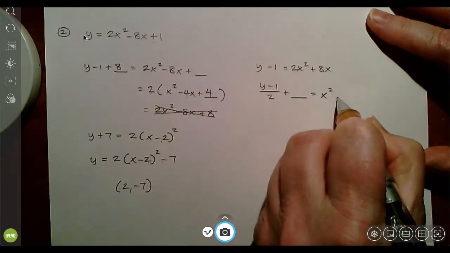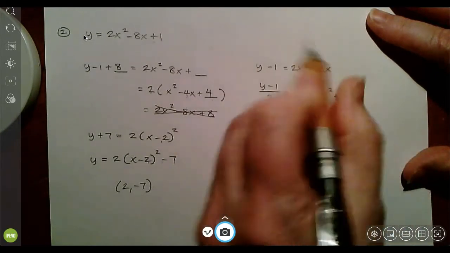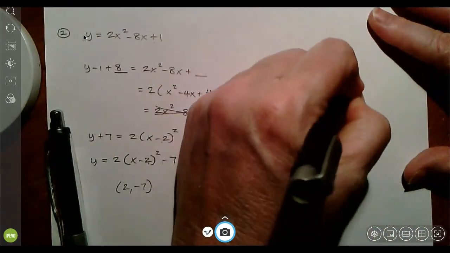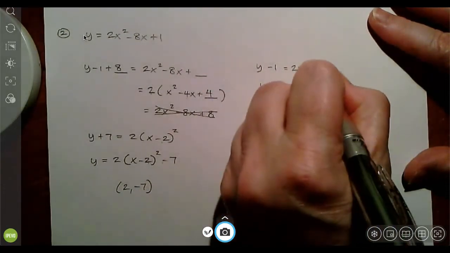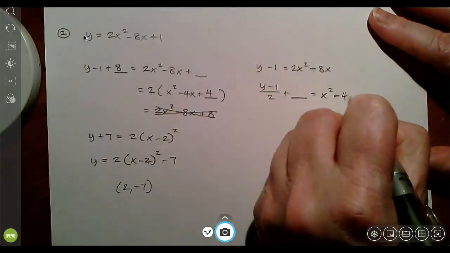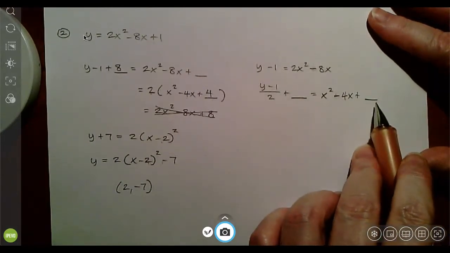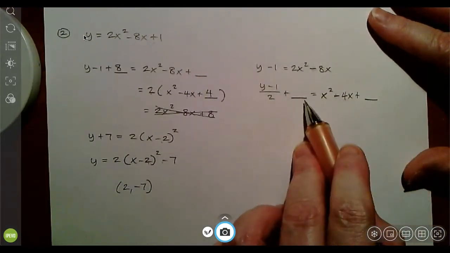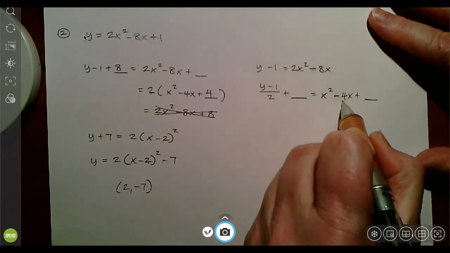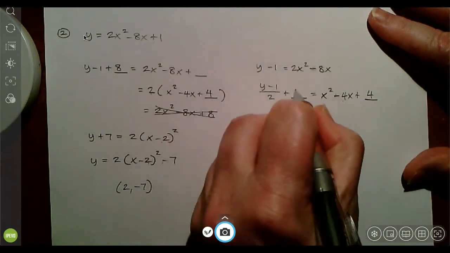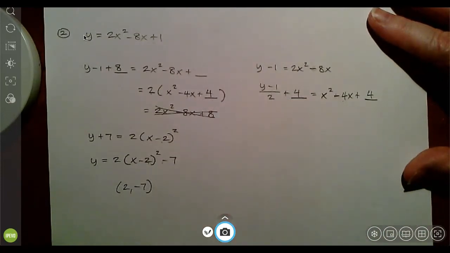So that gets me x squared plus, oops, sorry, that should be a minus, 4x plus blank. So now I'm going to fill in the blank here. I'm going to complete the square on the right side. Whatever I put here, I'm also going to put here. So I'm going to take 4, divide it in half, 2, -2, square that, and add 4 to both sides.